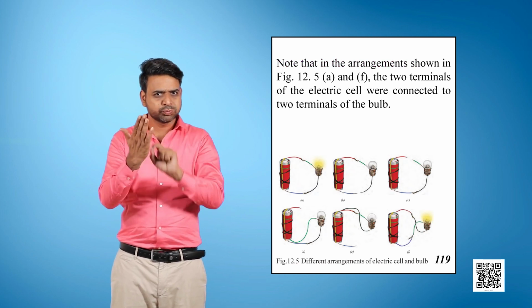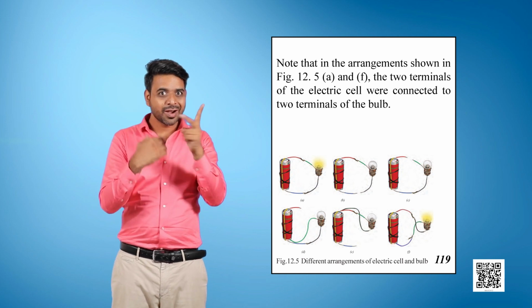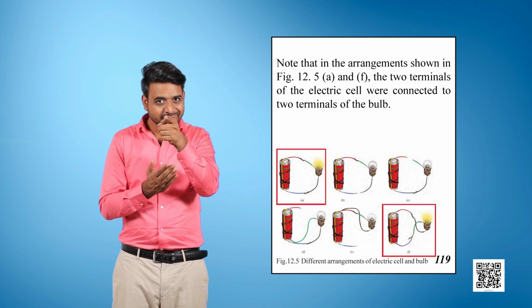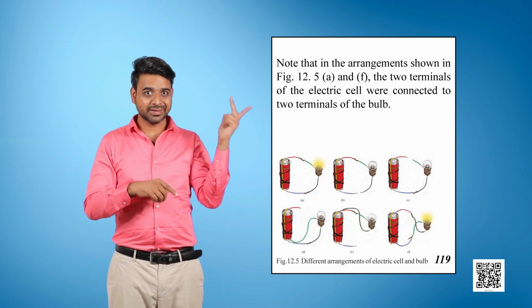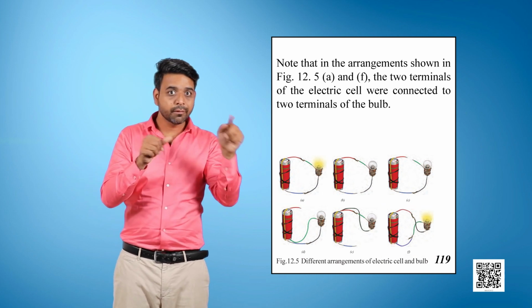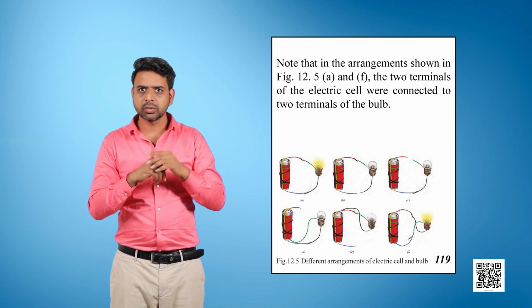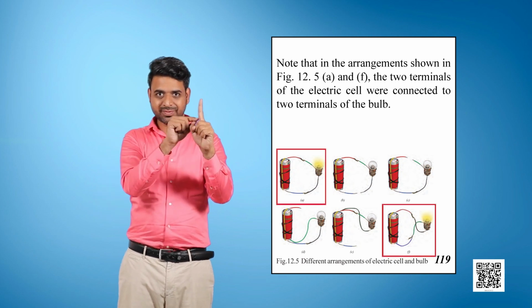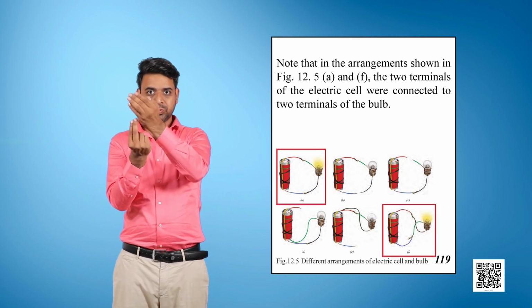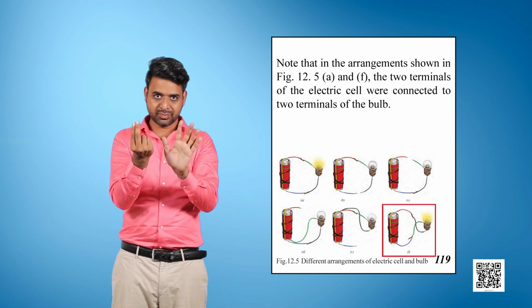Note that in the arrangements shown in figure 12.5a and f, the 2 terminals of the electric cell were connected to 2 terminals of the bulb.